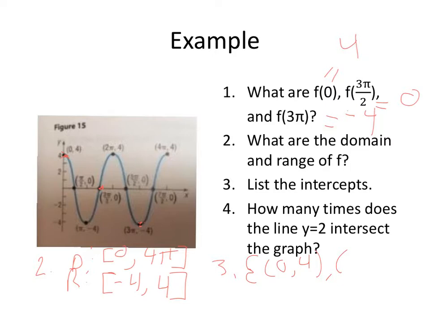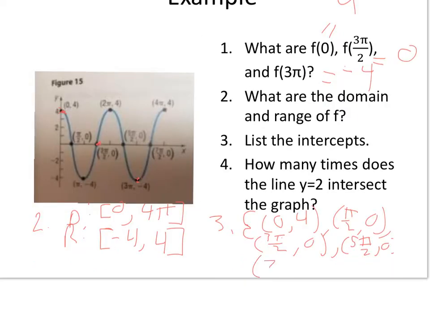And the x intercepts are at (pi over 2, 0), (3 pi over 2, 0), (5 pi over 2, 0), and at (7 pi over 2, 0). Hold on, let me clear some room to write. And we use the squiggly brackets to denote a set of something.